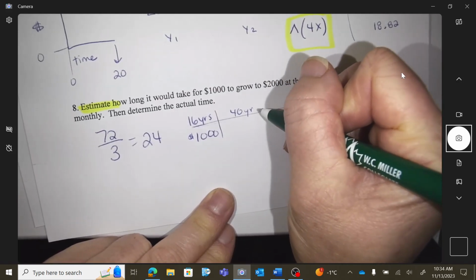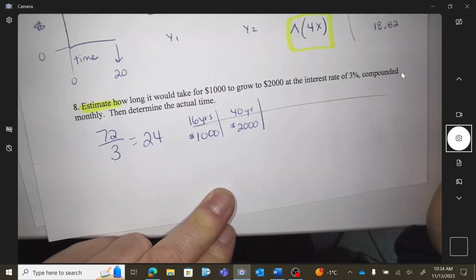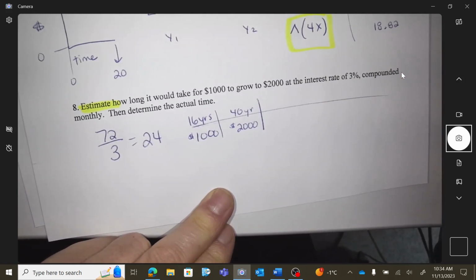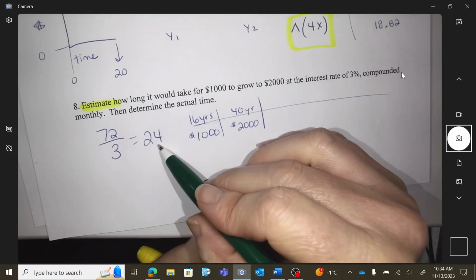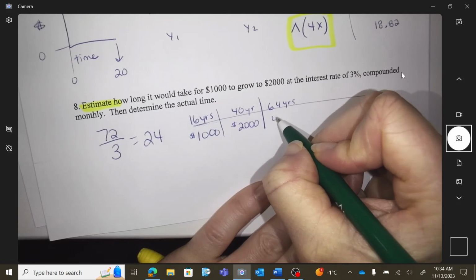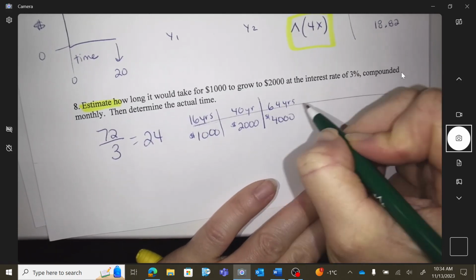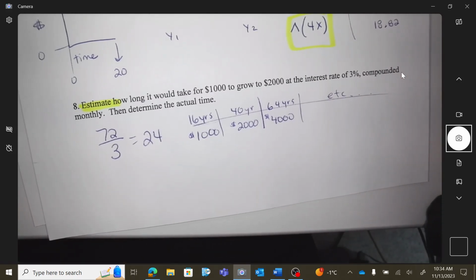So now you hit 40 years old and then you have 2,000. Right? Then how do you keep moving on charts like this? 64 years old and then you have 4,000, right? Etc. Okay? So know how to play around with charts like that.